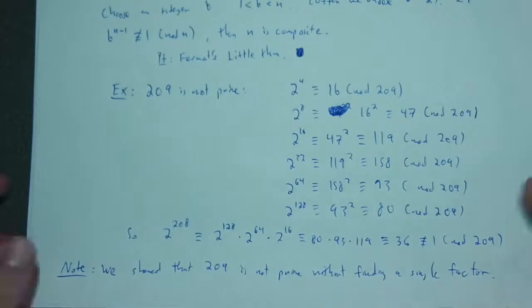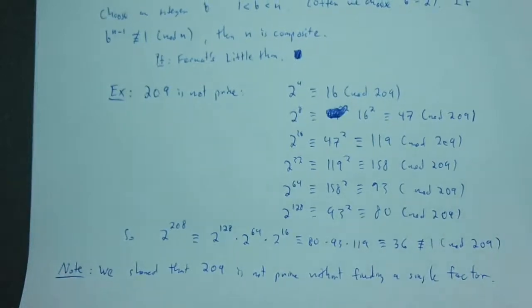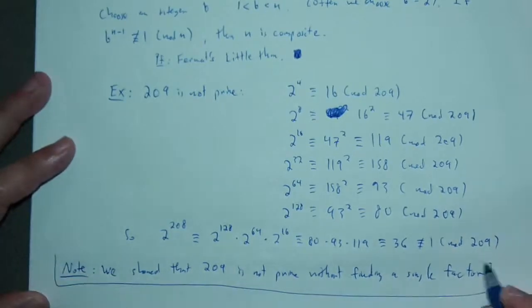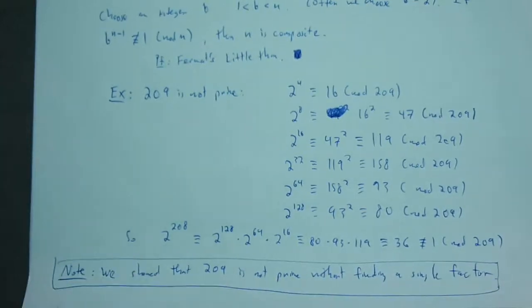So we didn't find a single factor of this thing, yet we showed that it's not prime. Okay, so this is the important thing. I know that 209 is very small, so maybe this isn't that impressive, but this is the impressive bit, that it was able to say whether or not 209 was prime without finding a single factor.